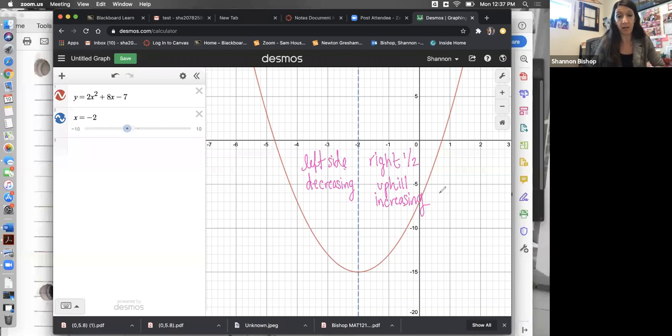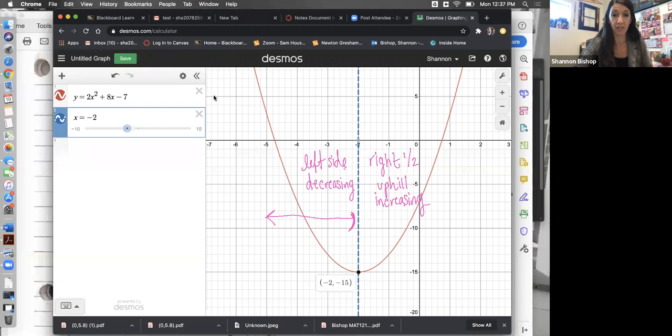Now for this one, the left side is everything to the left of -2. That's where the axis of symmetry, or the vertex, is on this one, at -2. So everything to the left of -2 is the decreasing side.